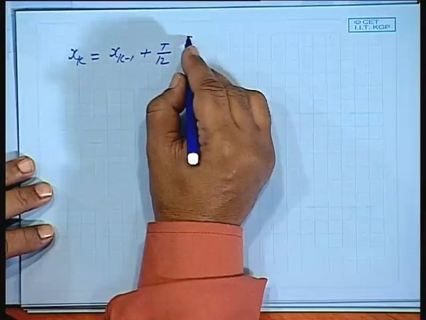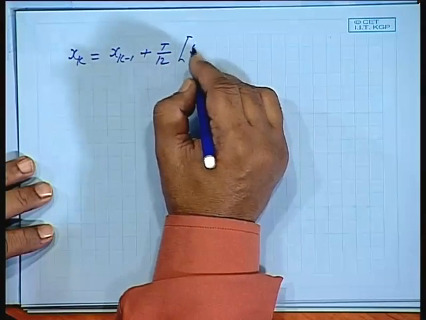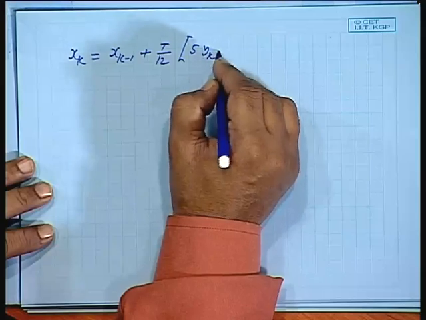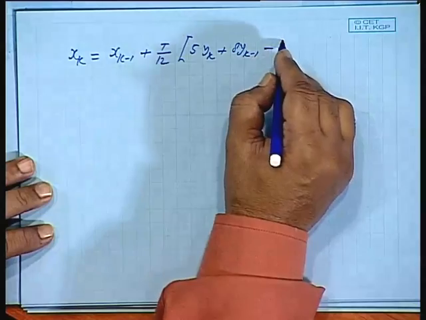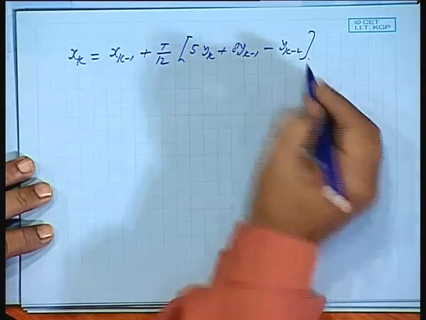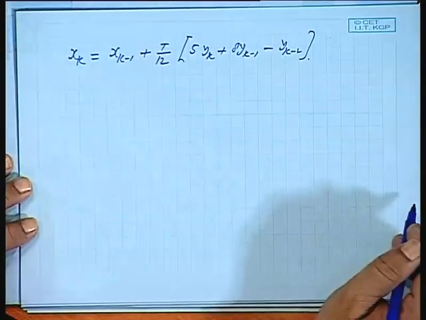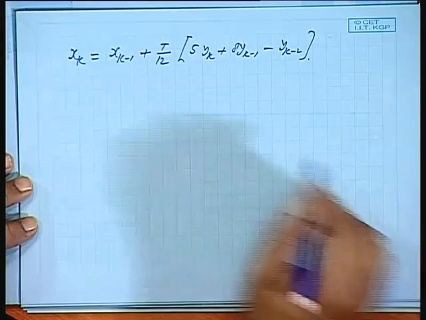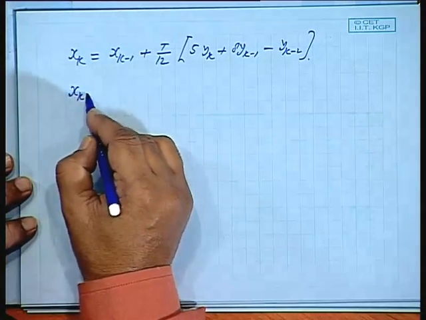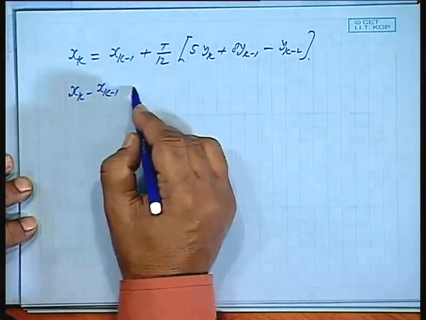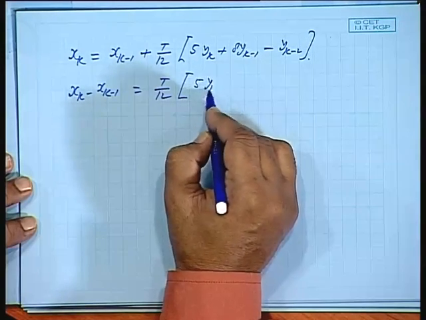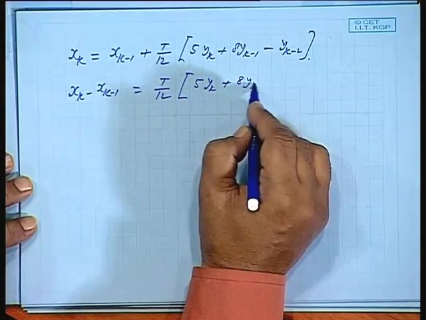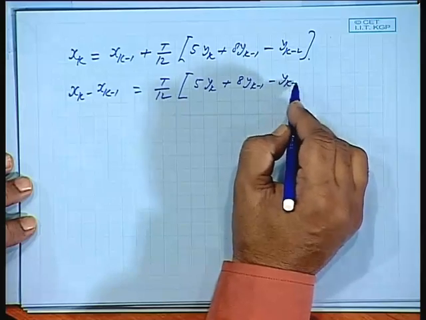So, I will give you t by 12 into 5 times y k plus 8 times y k minus 1 minus y k minus 2. It can be shown to be of this type. So, x k minus x k minus 1 will be equal to t by 12 into 5 y k plus 8 y k minus 1 minus y k minus 2.